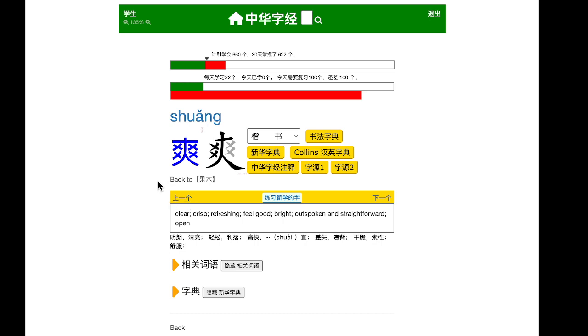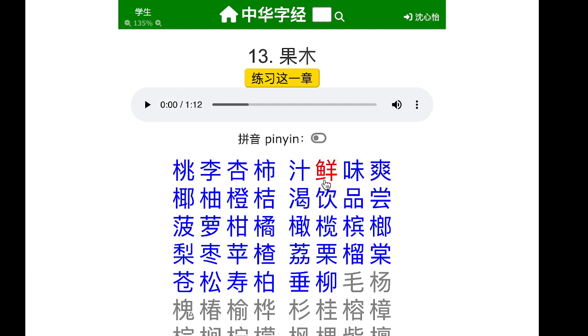We also use this to refer to like cold drinks on a hot day, or like going on a roller coaster and feeling the wind, like you feel refreshed. 爽. So here we're talking about that fresh, delicious taste and flavor and the cool sensation when you drink juice.